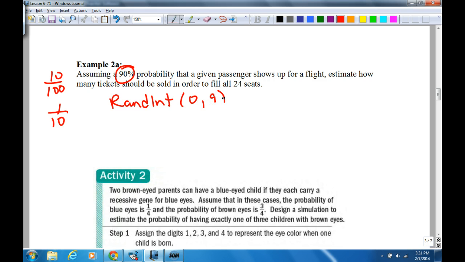And every time a 0 shows up, you would have to start over and count until you get to 24 consecutive non-zeros.